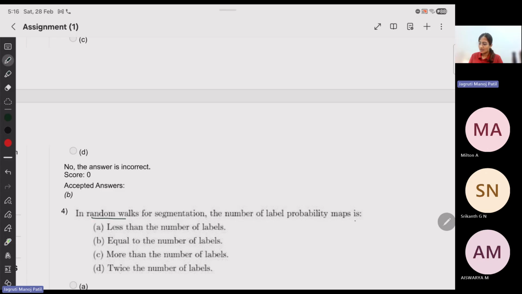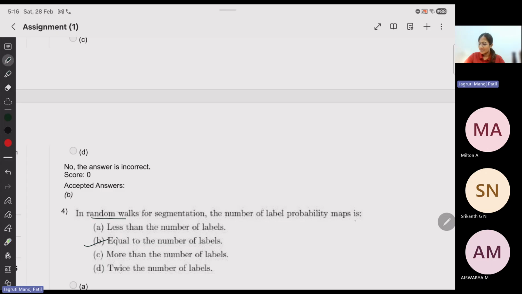Is it less than the number of labels, equal to it, more than it, or twice it? It's equal to the number of labels.